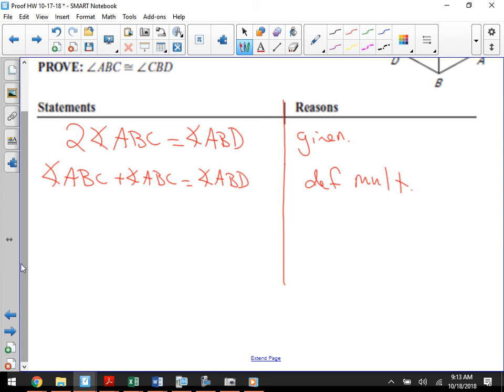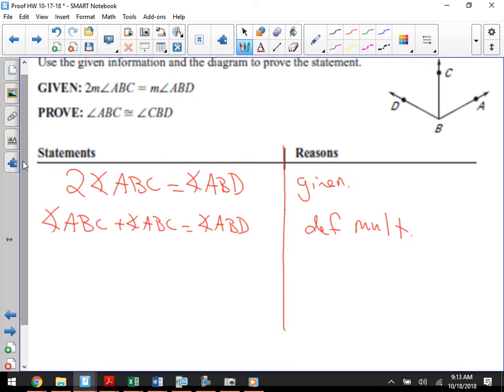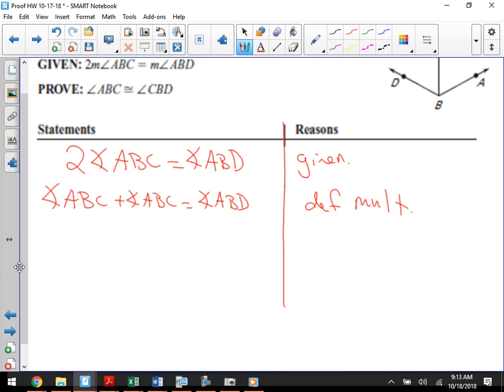Two minutes ago, you guys also told me that angle ABD is made up of two smaller angles, isn't it? What are the two smaller angles that make up angle ABD? Okay, so we know that angle ABC plus angle CBD make up angle ABD.